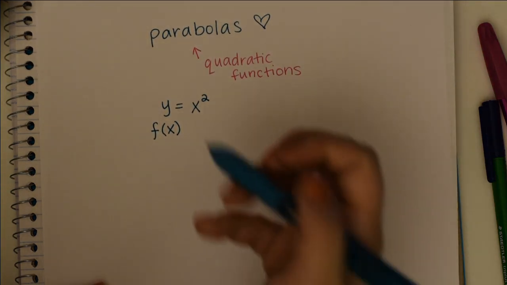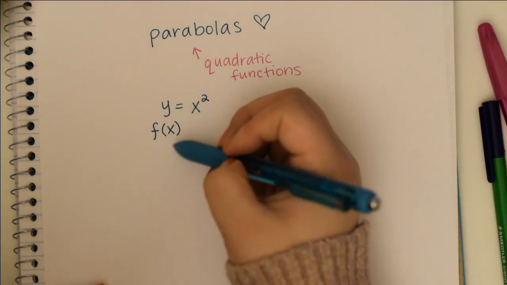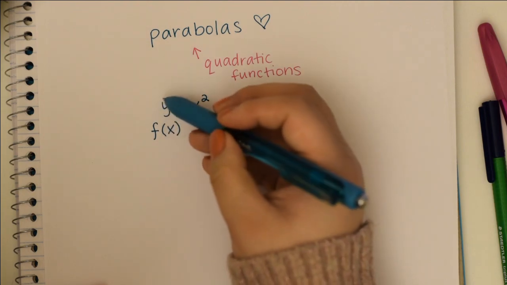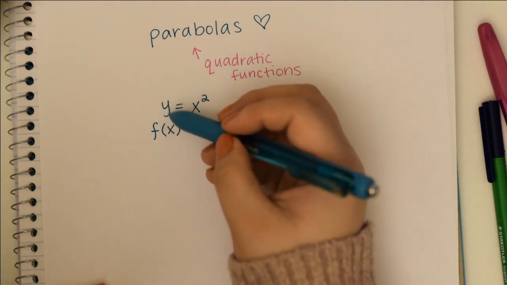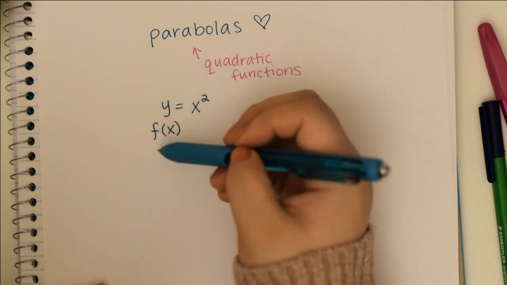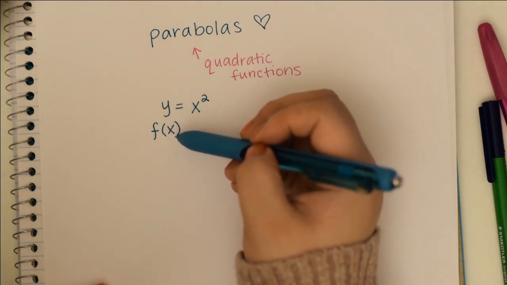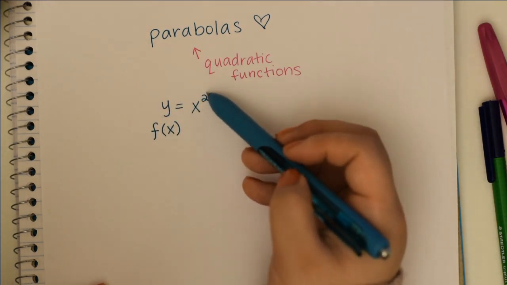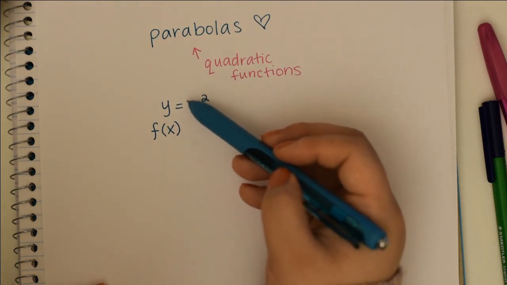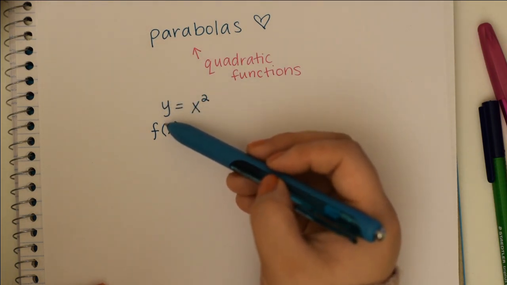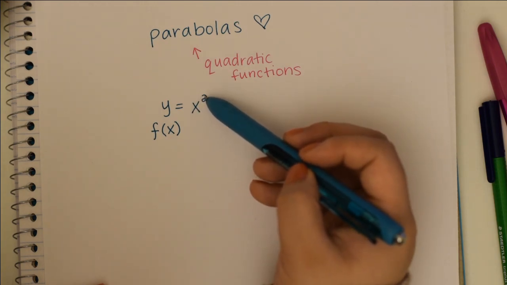So basically what this means is I give you an input x, I choose whatever it is. It can be 5, it can be 10, right? It could be negative, it can be star, okay, who cares? What this tells me is that my y value is that input squared.